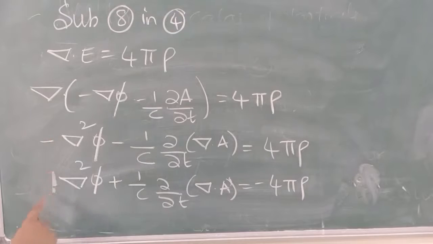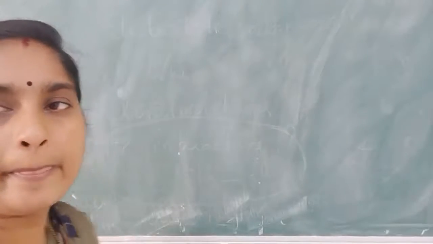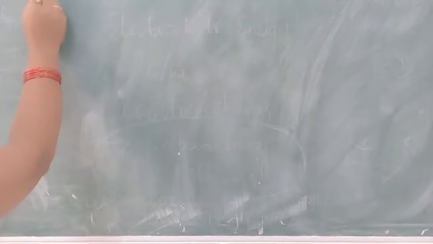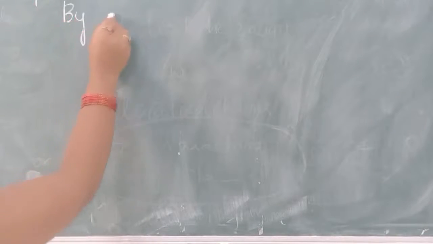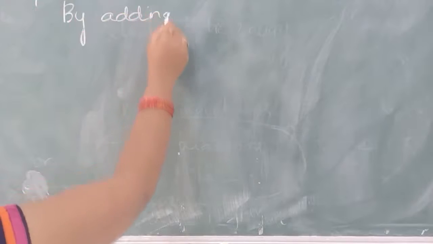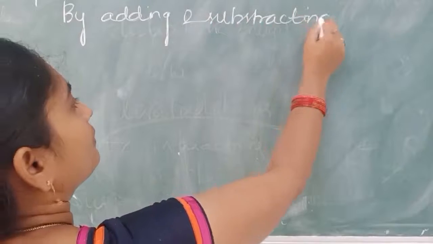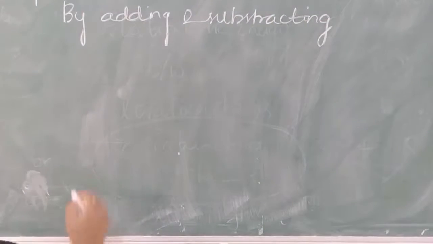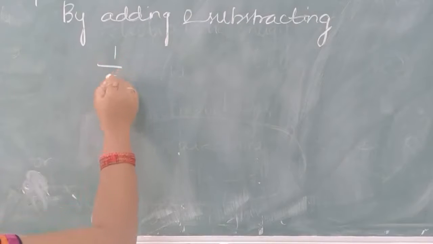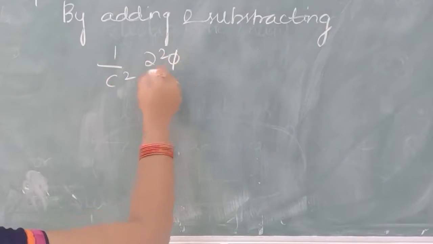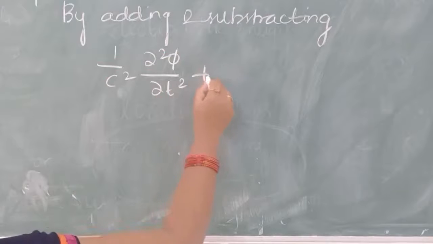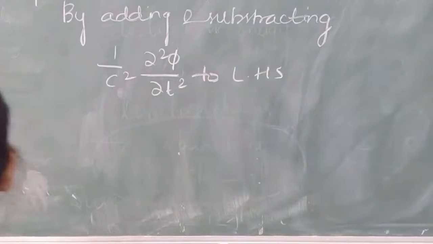After this, let us move by adding and subtracting one term. What is that term? I am taking 1 by c square dou square phi by dou t square to the left hand side.